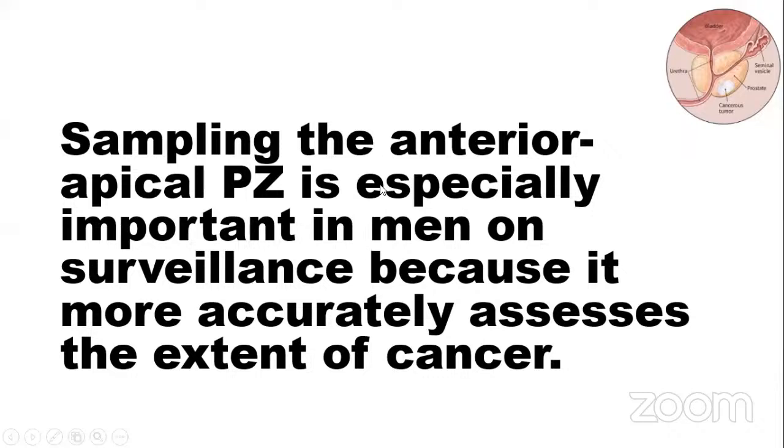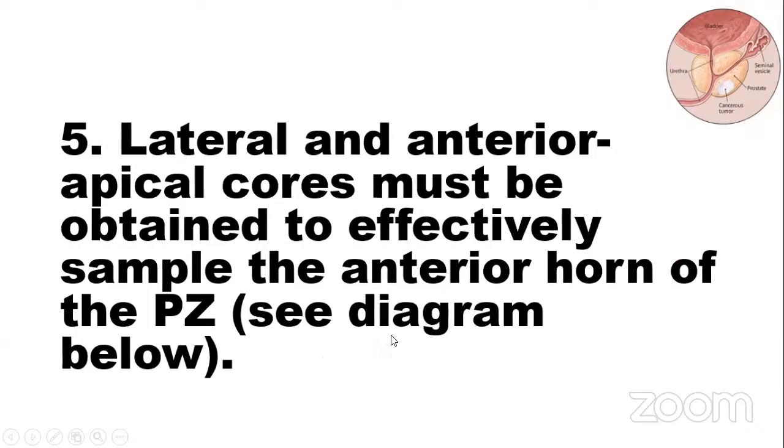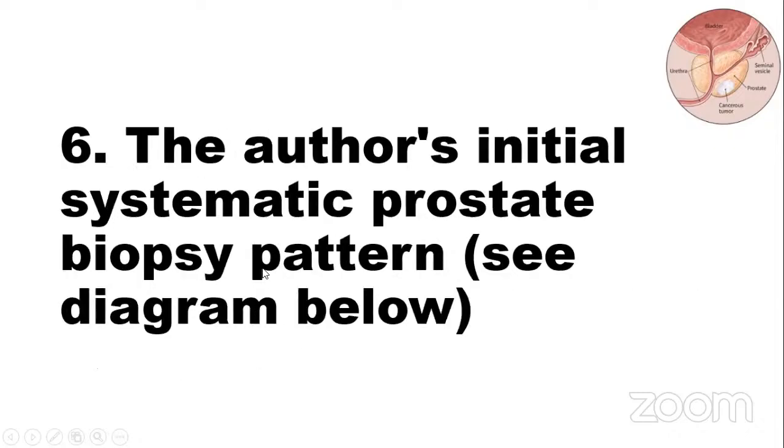Sampling the anterior apical peripheral zone is especially important in men on surveillance because it more accurately assesses the extent of cancer. Lateral and anterior apical cores must be obtained to effectively sample the anterior horn of the peripheral zone.